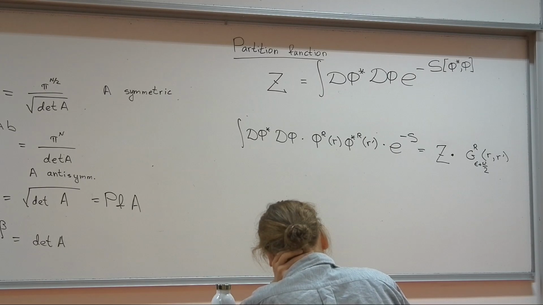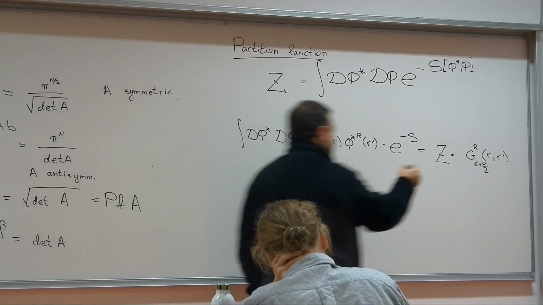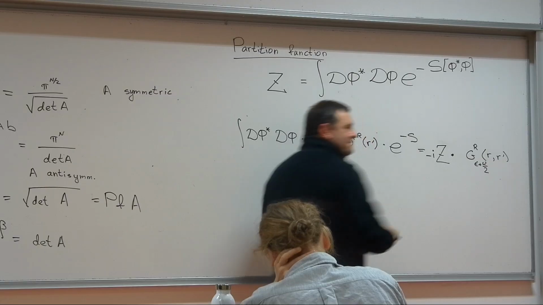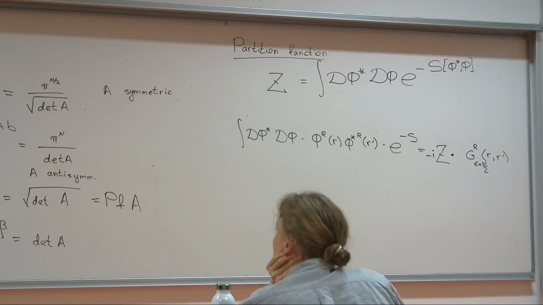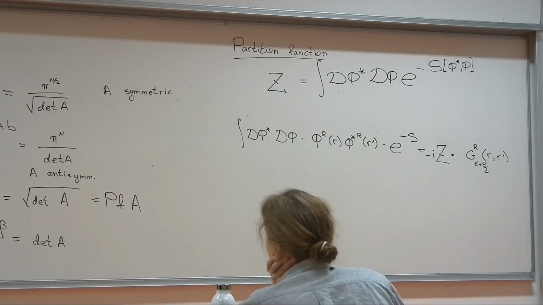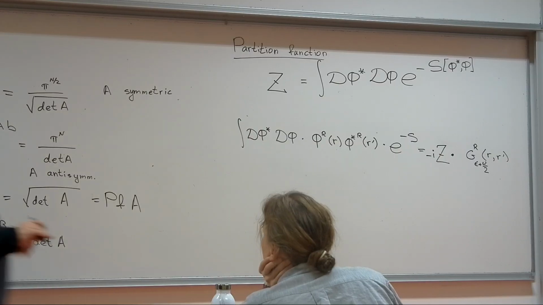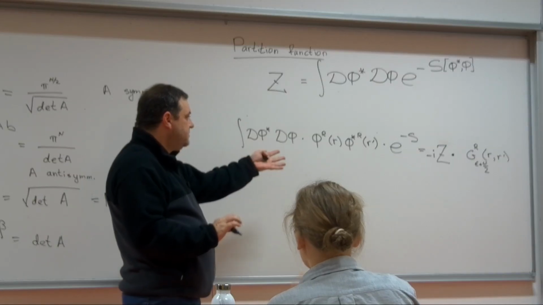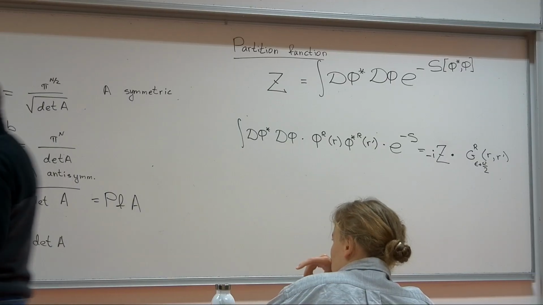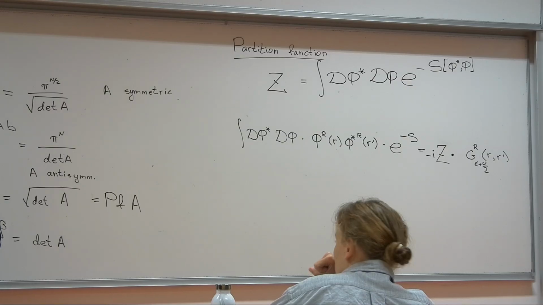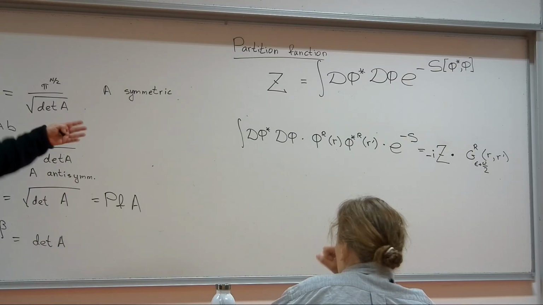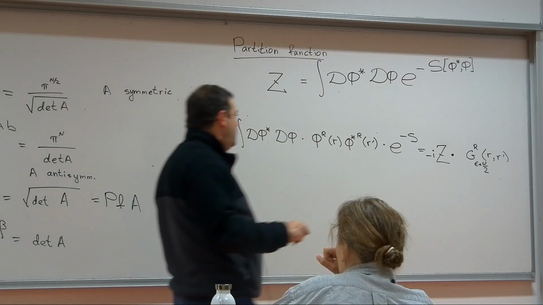Minus i, because here is minus i. It's just the matrix element of this matrix inverted. You take the matrix, you invert it, the Gaussian integral does it for you.